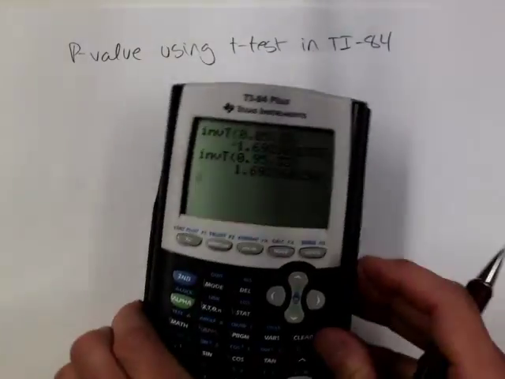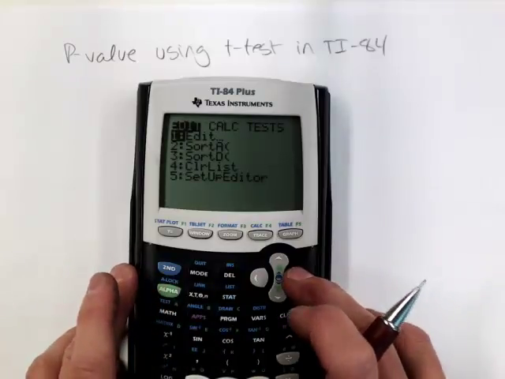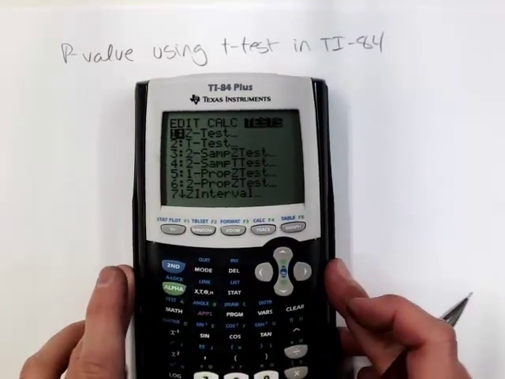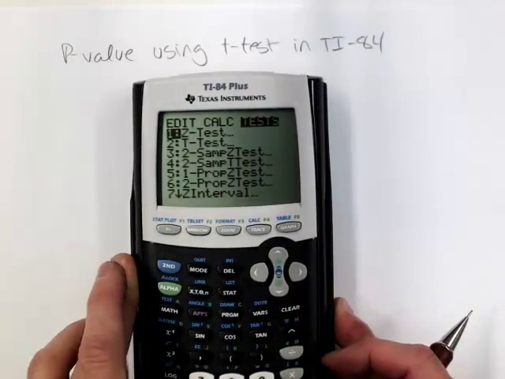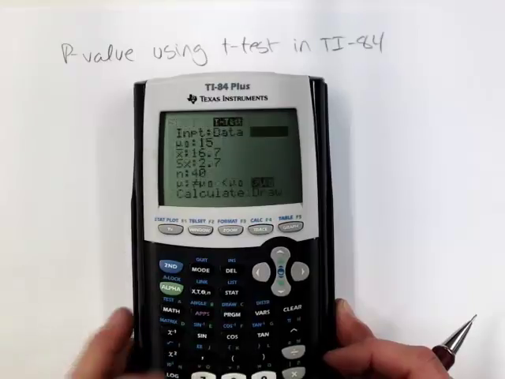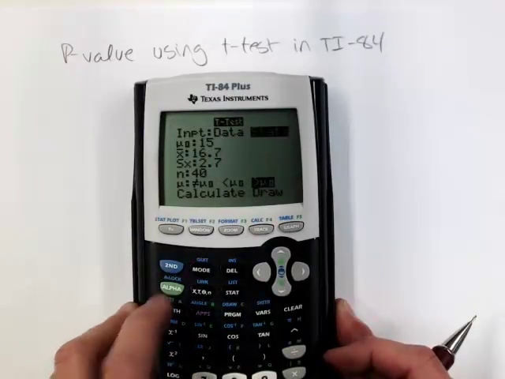I'm going to go to Stat, right arrow over to Tests. The z-test is for section 7.2. We want the t-test, test for the mean when sigma is unknown.